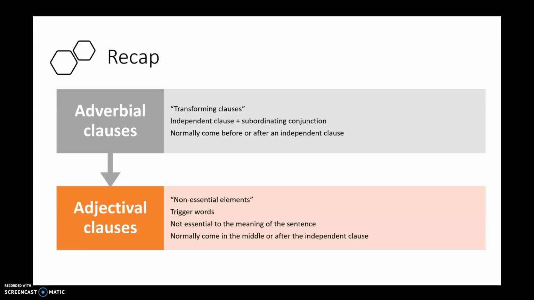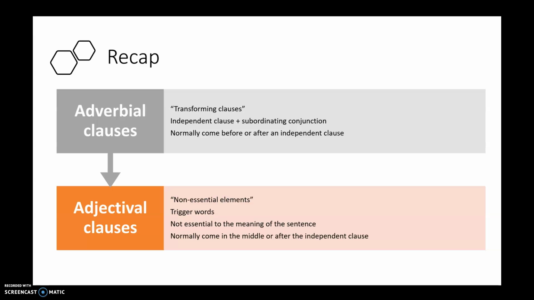And remember, the easiest way to determine a subordinating conjunction is process of elimination. Have those fanboys memorized, and then if it's not a fanboy and it comes between two independent clauses, it's probably a subordinating conjunction, or at least functioning as one.